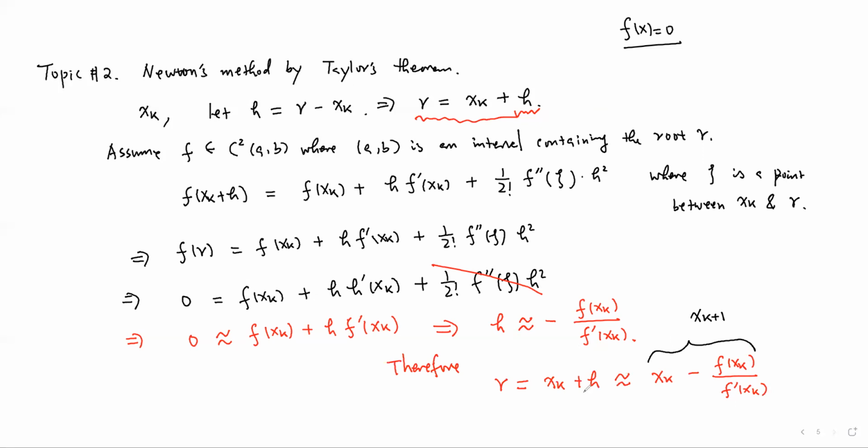Xk plus 1 should be closer to 0 than xk. Then we get Newton's formula, the Newton method. It is xk plus 1 equals xk minus f(xk) over f'(xk). We can obtain Newton's method from Taylor's theorem.